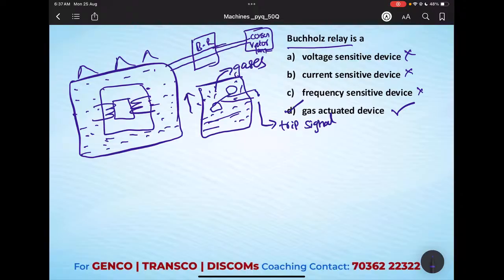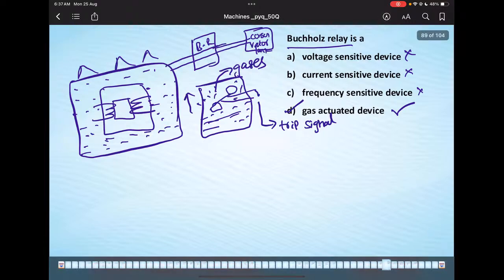If all of a sudden any fault occurs, then the gas volume will be more. So these gases will lift the float upwards, then it will make the trip signal. So the main working principle of the Buchholz relay is a gas actuated device. Is it clear?